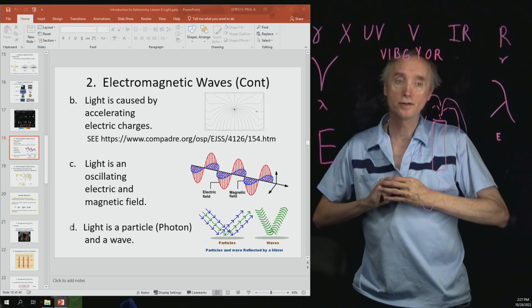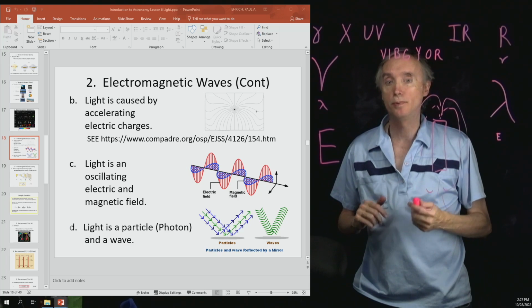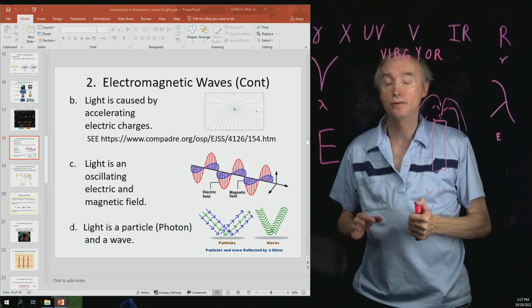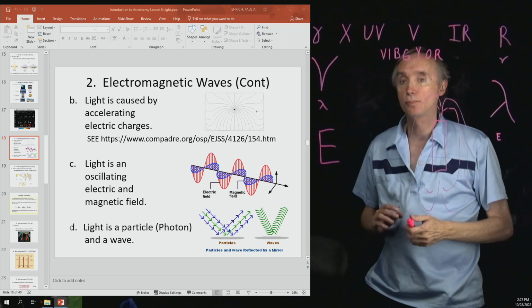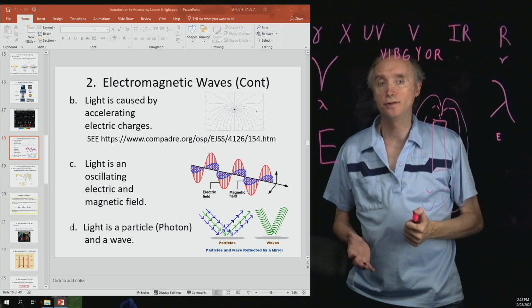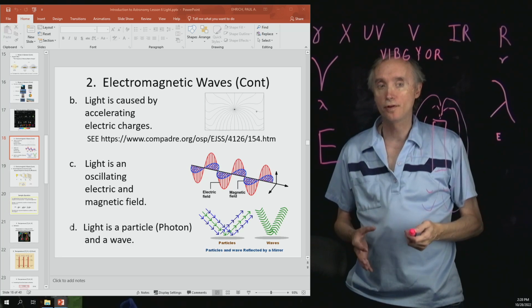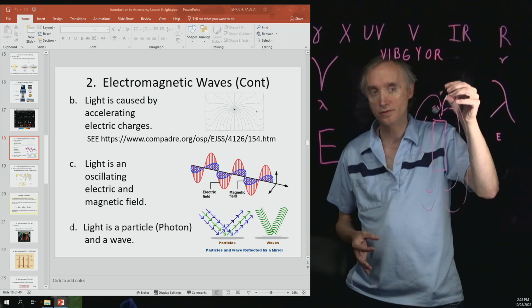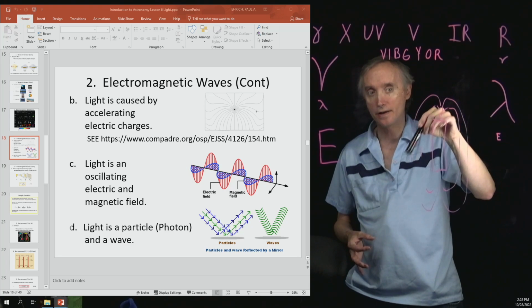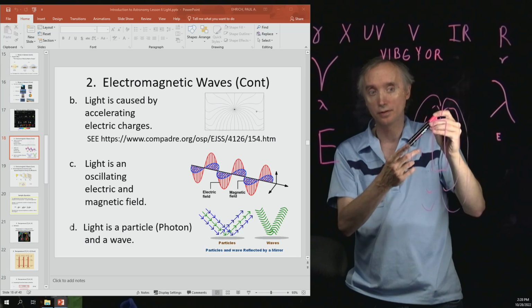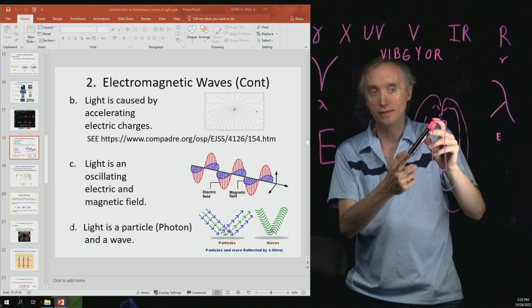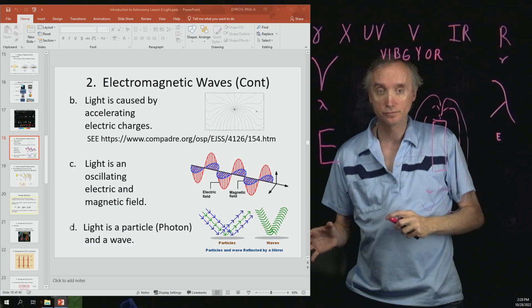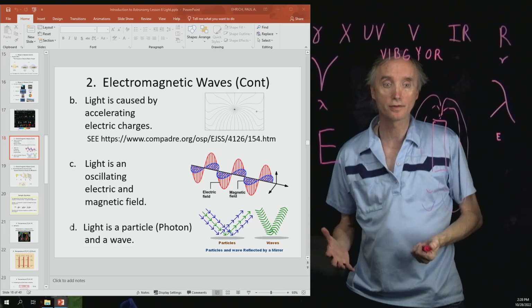And then another thing that we found out about light is it's both a wave and a particle. So prior to the 1900s, people thought that matter, since it was made of atoms, would be a particle, and then light would be a wave, because light has a wavelength.